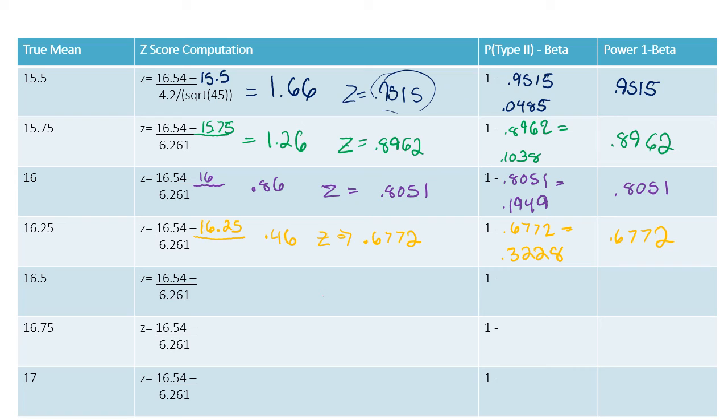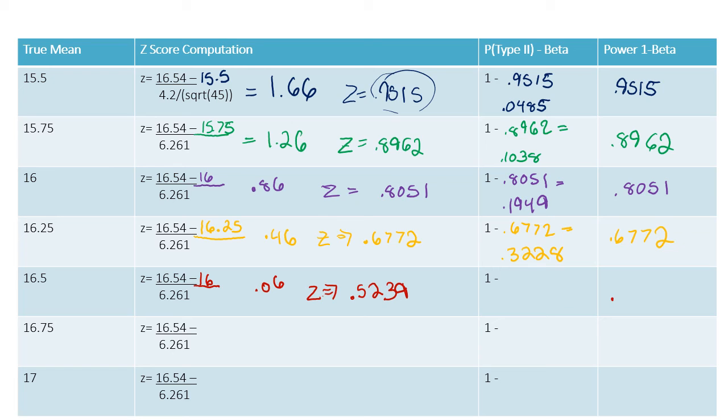If our true population mean is 16.5, and we subtract away 16.54 and then do the division, that gets a z-score of 0.06. Why do you think it's so close? Now the area under the curve associated with the z-score of 0.06 is 0.5239.